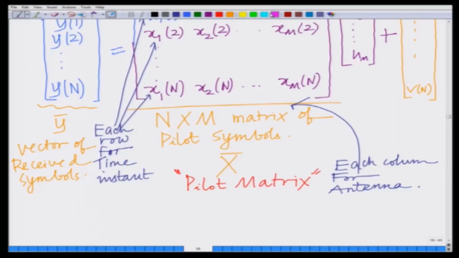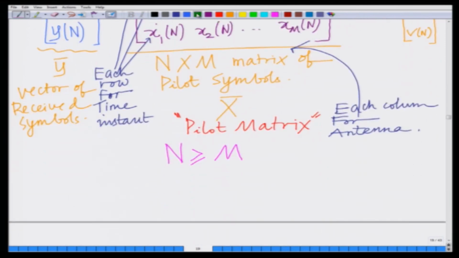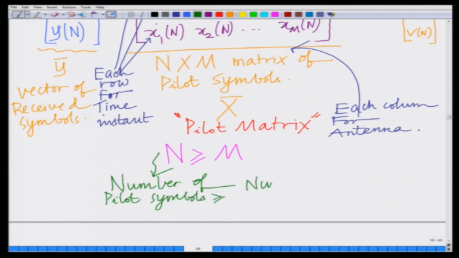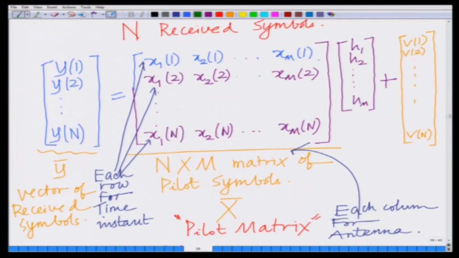Let me also write this down. Even though it is a subtle point, it is important: n is greater than or equal to m, which basically means that the number of pilot symbols is greater than or equal to the number of channel coefficients.